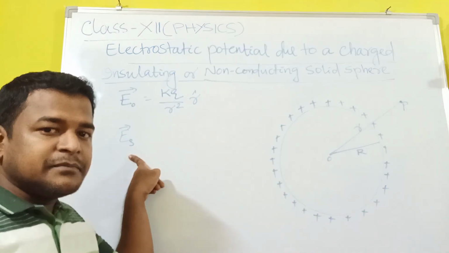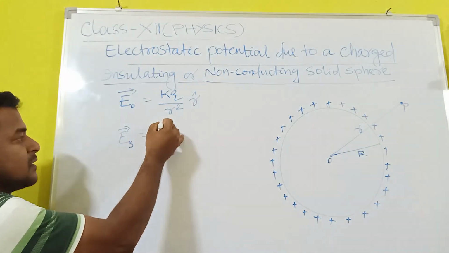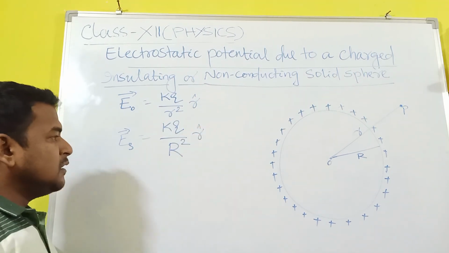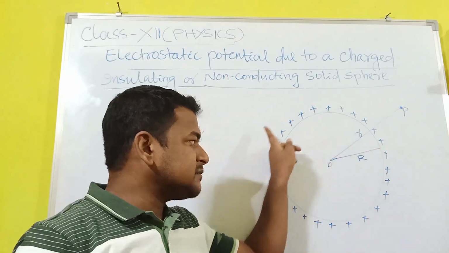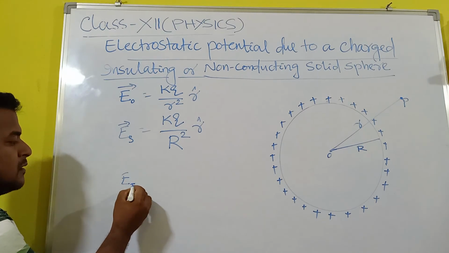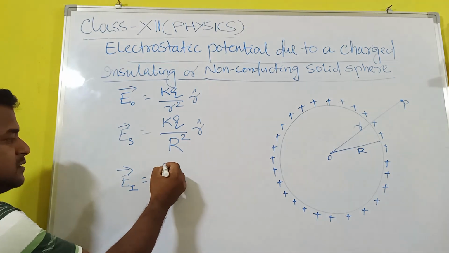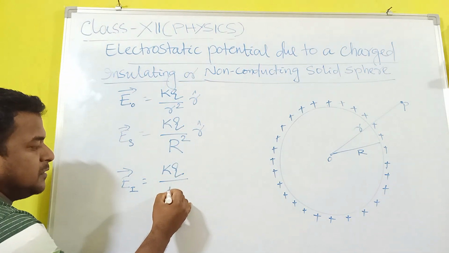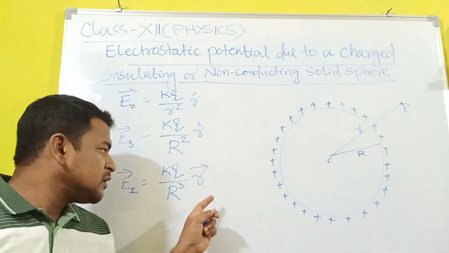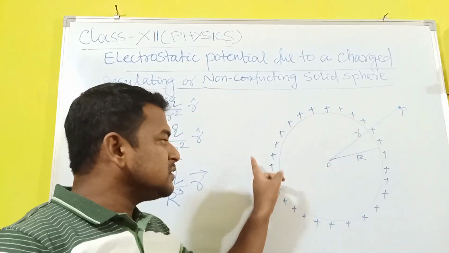Es, the electric field on the surface of the sphere, is kQ upon R square R cap, where capital R is the radius of the sphere. Ei, the electric field inside the sphere, is kQr upon R cube r vector, where Q is the total charge distributed on the sphere.